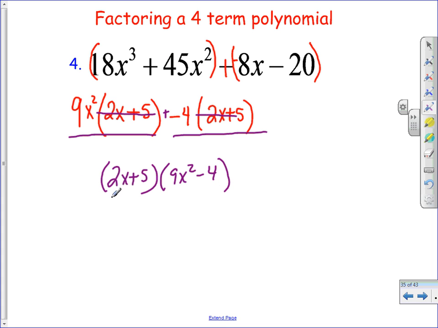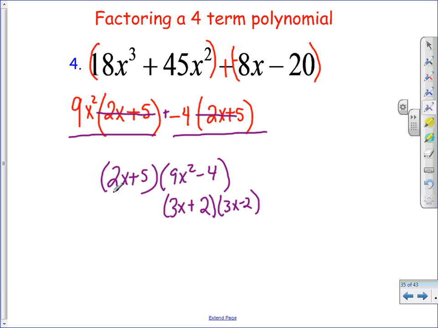So let's look at our factors. 2x plus 5 can't be factored anymore. 9x squared minus 4. Well, that can be. It's one of my special cases. I can take the square root of the first term, which is 3x, the square root of the last term, which is 2. There's no middle term, so I need a 3x plus 2 and a 3x minus 2.